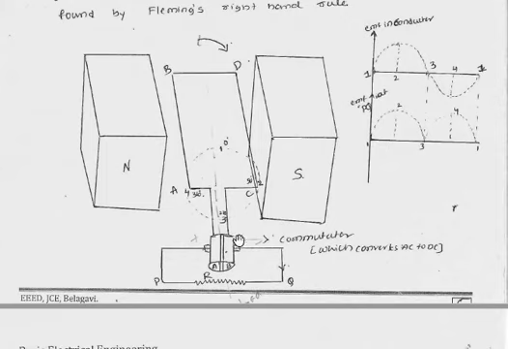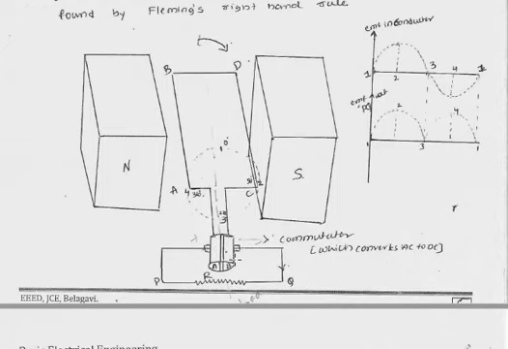Now how that is implemented: so far we discussed this particular coil rotating and taking the EMF at these 2 points. Now these 2 conductors are connected to something called a commutator. What is this commutator?